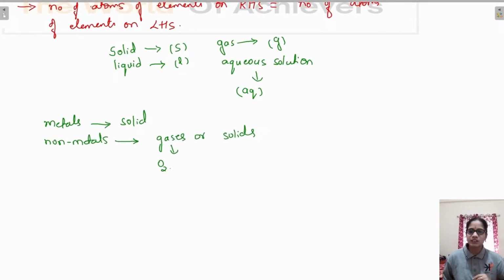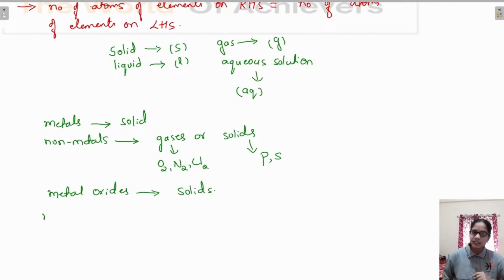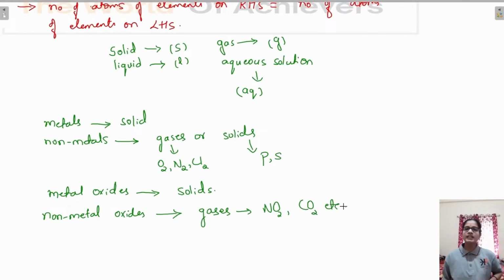Gases like oxygen, nitrogen, chlorine, or they may also be solids like phosphorus, sulfur. Metal oxides are solids, and non-metal oxides are gases like NO2, CO2, etc. In this way, you can have some general idea about the physical state symbols of reactants or products.